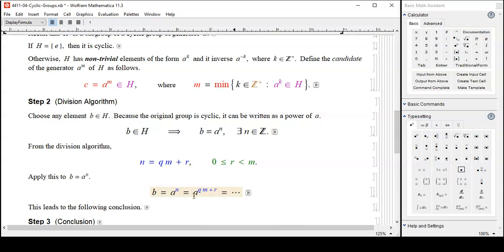So a to the qm plus r power is the same as a to the m power, to the q power, times a to the r power, using the exponent rule. And then what is a to the m power? Remember that? That's c. So it's c to the q power times a to the r power. That's what I get.